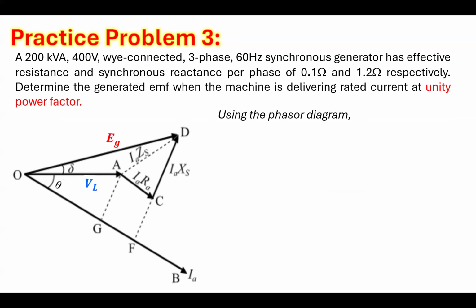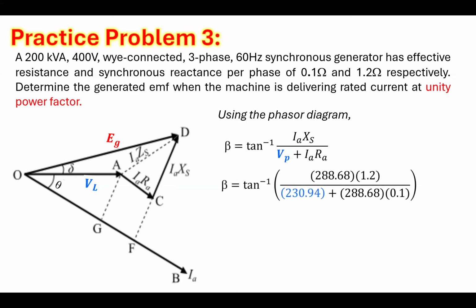Then, for the power angle, again, let us use the Greek letter beta to represent the angle between the generated voltage and the armature current. So that is IA XS, the opposite, over the adjacent, that is Vp, the voltage per phase of the load voltage, plus IA RA.